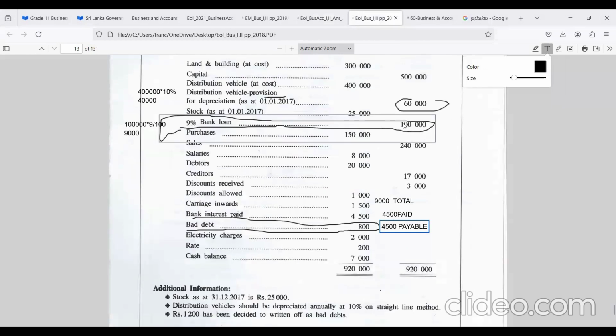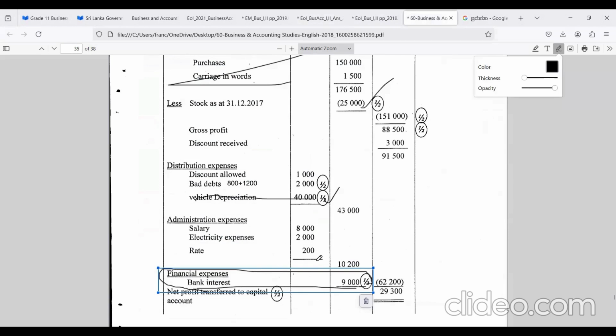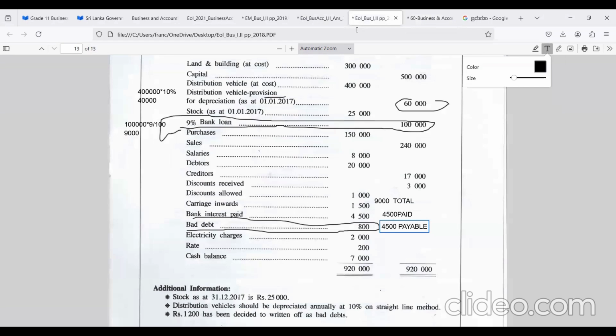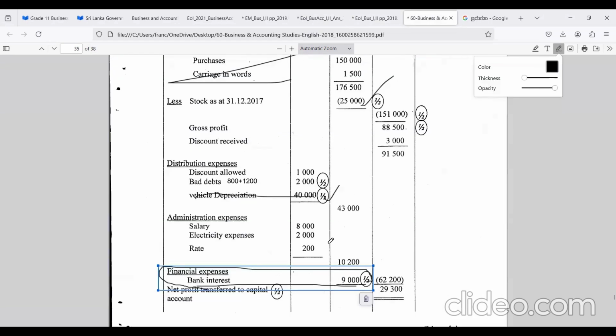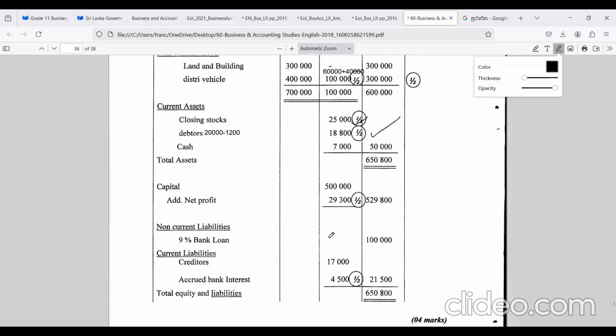If the loan is 100,000, the percentage is 9%, 100,000 into 9% is 9,000. Put that value directly in the finance expense, 9,000. Do not try to find the payable and paid and add those. Directly put that value. Later, from this 9,000, see the paid value, deduct it and record it under current liabilities.